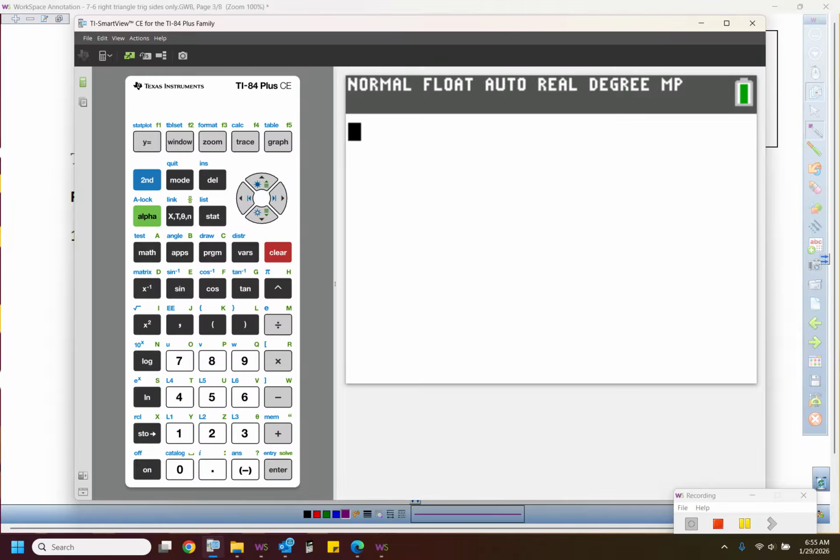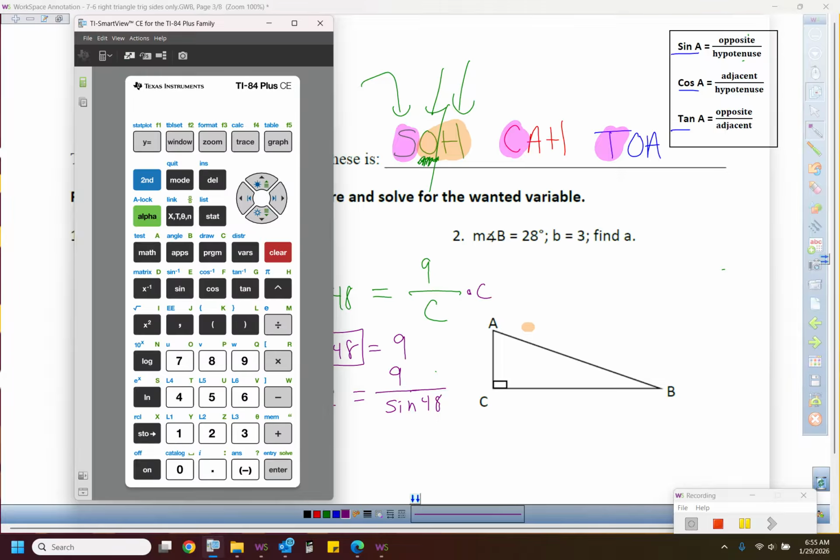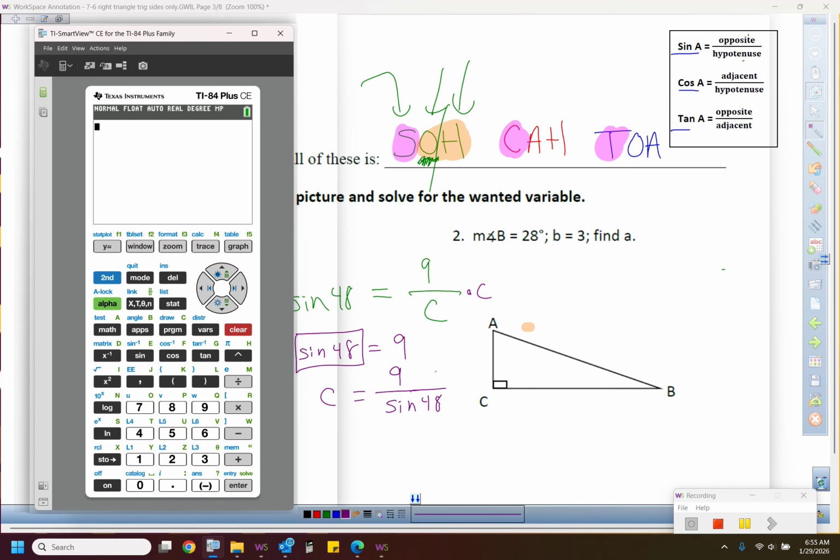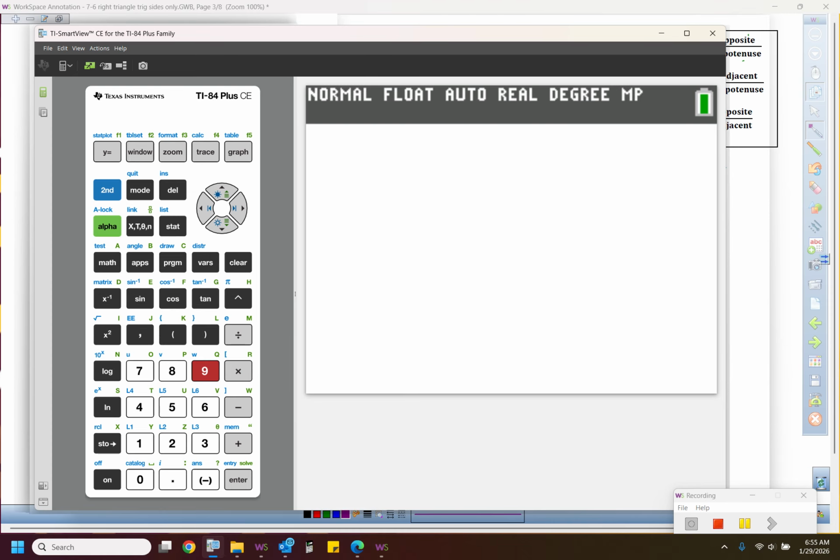So anyway, back to this question. They say that C is going to equal 9 divided by sine of 48, so that's what I need to punch in. 9 divided by the sine, so that's the SIN button right here. And you see how it automatically puts a parenthesis? It would be good practice to close that parenthesis when you're all said and done.